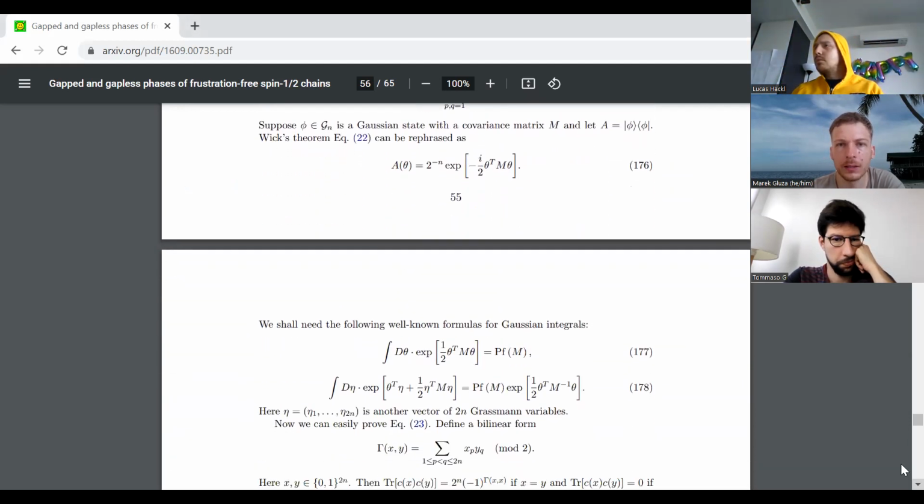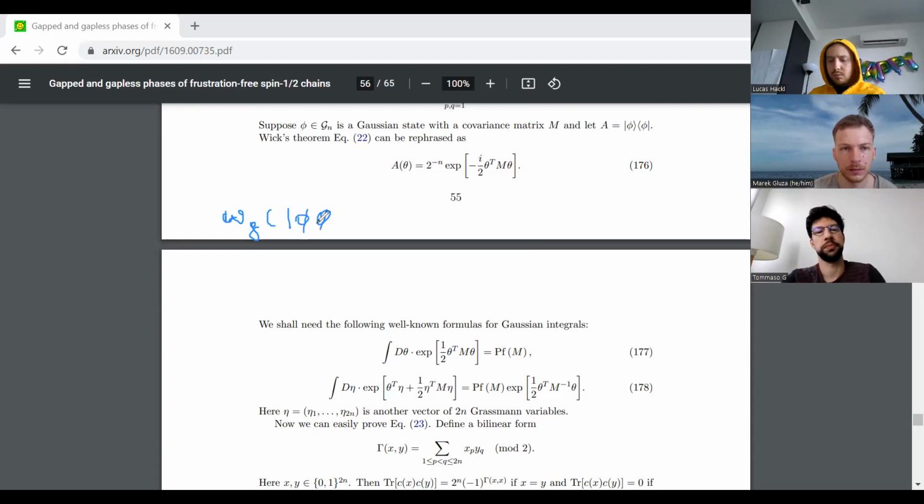Okay, so the next thing that I didn't introduce very well before, but we will be already familiar with this, is that we want to understand what would be omega g of a Gaussian state phi phi. And that would be exactly this.